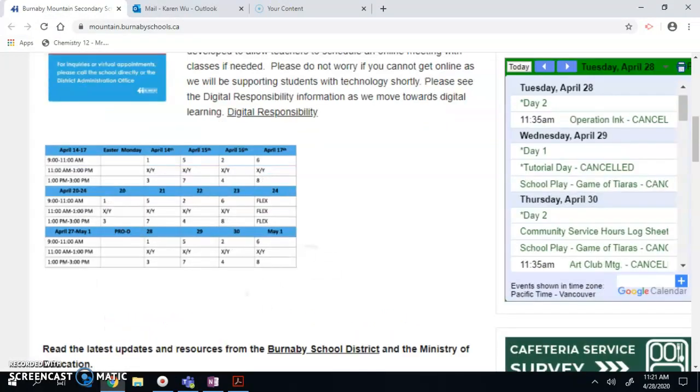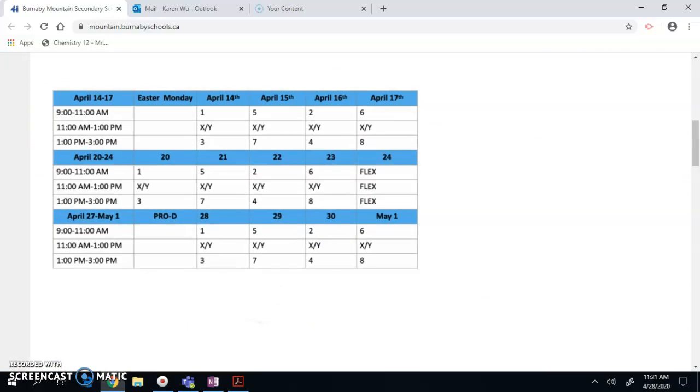On the website, just a reminder that we have put a schedule up. So this week, for example, we had a Pro D Day. So that's why my period 3 is over here in the afternoon and my period 8 is over here on Friday afternoon. So I do generally give the assignment at the beginning of the week, and you finish it off by the following week, all right? So for example, this week, which we happen to be meeting online, so I'm following the schedule, period 3, meeting in the afternoon, Tuesday, and period 8, meeting in the afternoon, Friday.